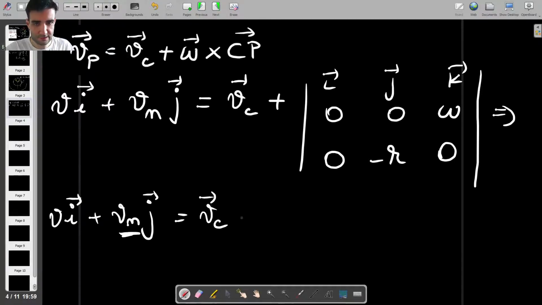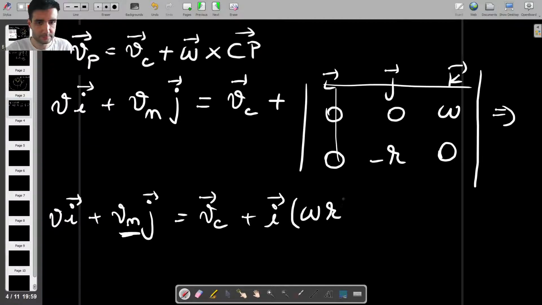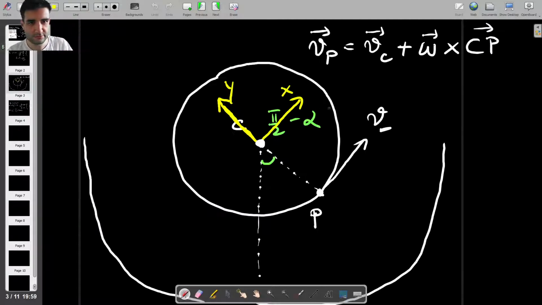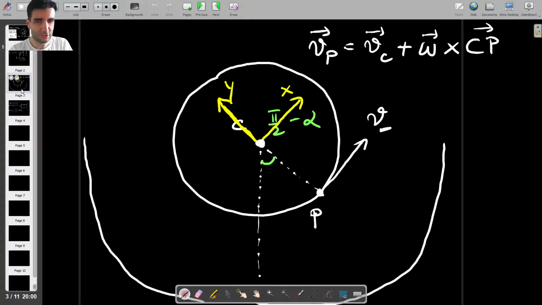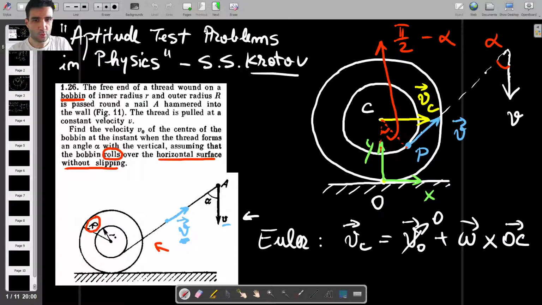Now this is Vc plus i multiplied with, so if we do this determinant, we're going to get omega r. Okay, so the only thing left is this Vc right here. Now you might be tempted to just put the value of Vc that we got here, which is minus omega r, but it's not really correct because when we did it here, we used a coordinate system with x going to the right and y going up.